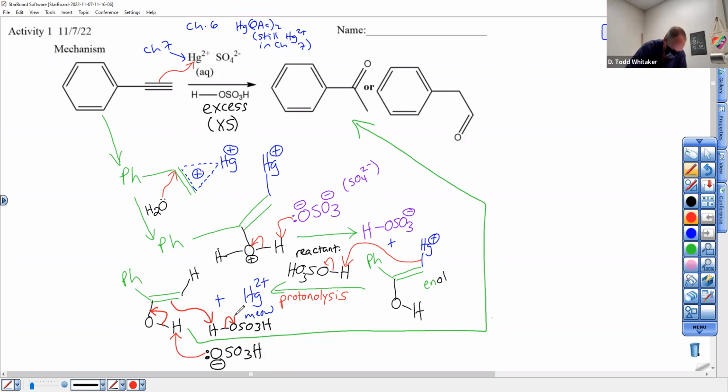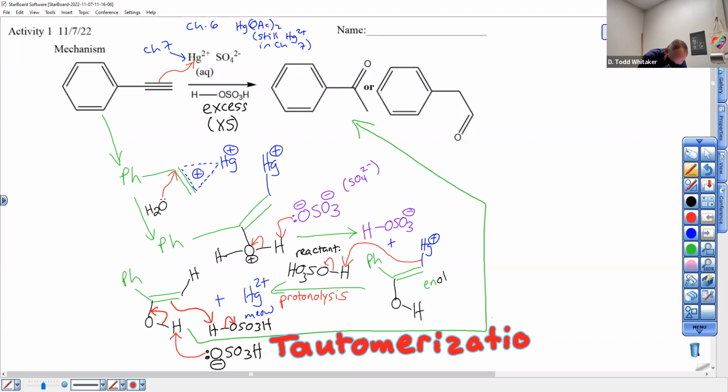That last step has got a fancy name. Let's give it its due. Oh, I don't know if my arrow is big enough now. Tautomerization. I know we've introduced it earlier.